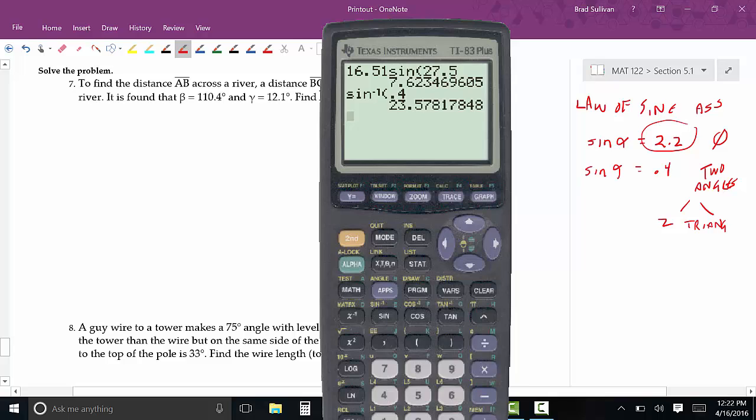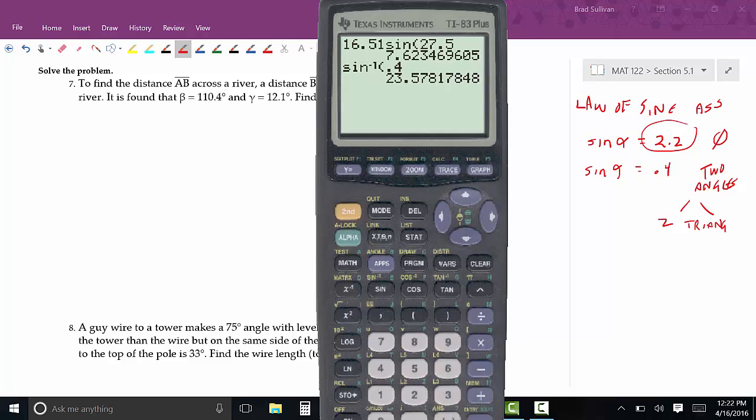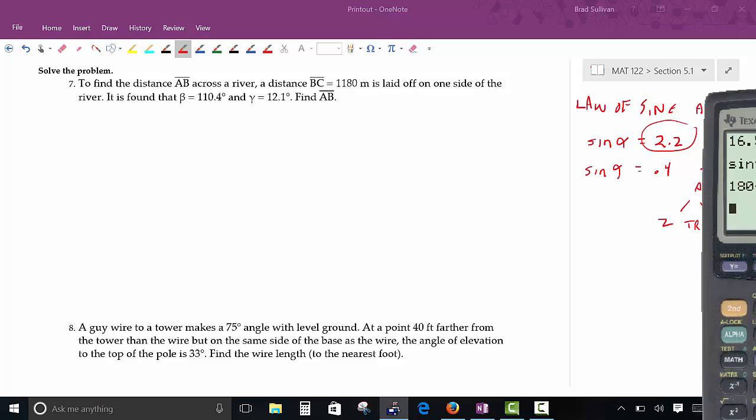So kind of what would happen on this is this would be a quadrant 1 angle, but then if you did 180 minus the 23.6, you would get another possible angle. So based on this step, this step will either be no solution or it might generate one or two solutions. So the math leads you in the right direction. That's what I want to emphasize on that.